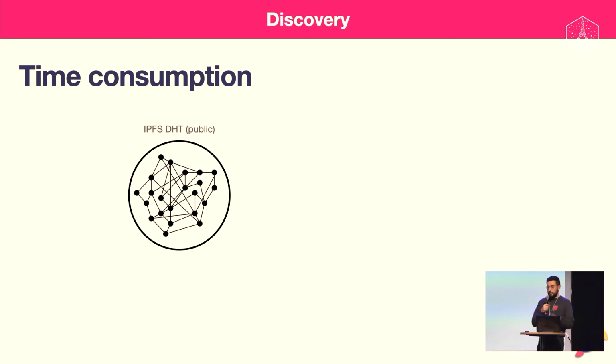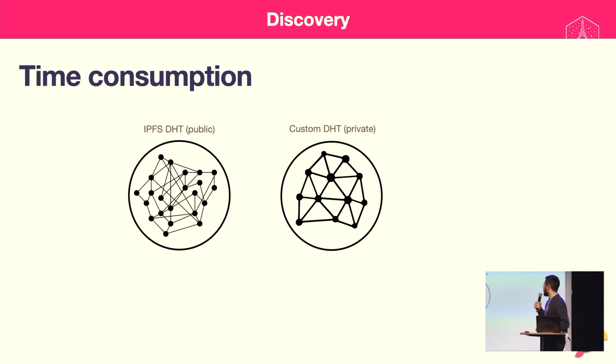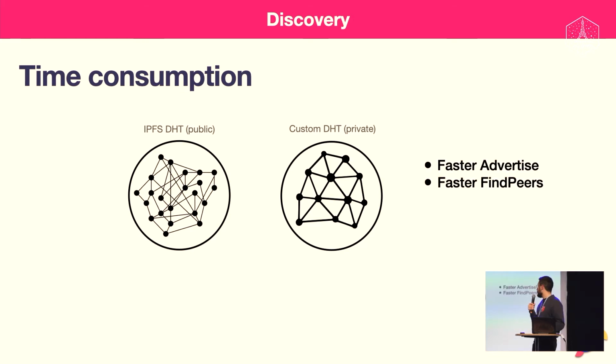So, for example, in the case of Berty, when we think about a custom DHT, so a smaller DHT, it would be with, for example, the Berty desktop. We can set up a smaller DHT with a Berty desktop, and it can make it faster, for example, to advertise and find peers on this custom DHT, but it comes with the downside of being less resilient.